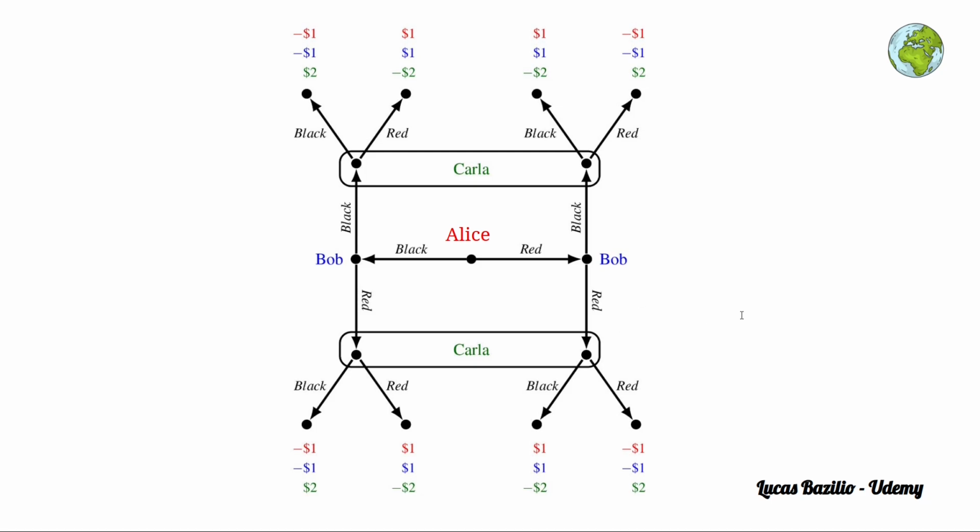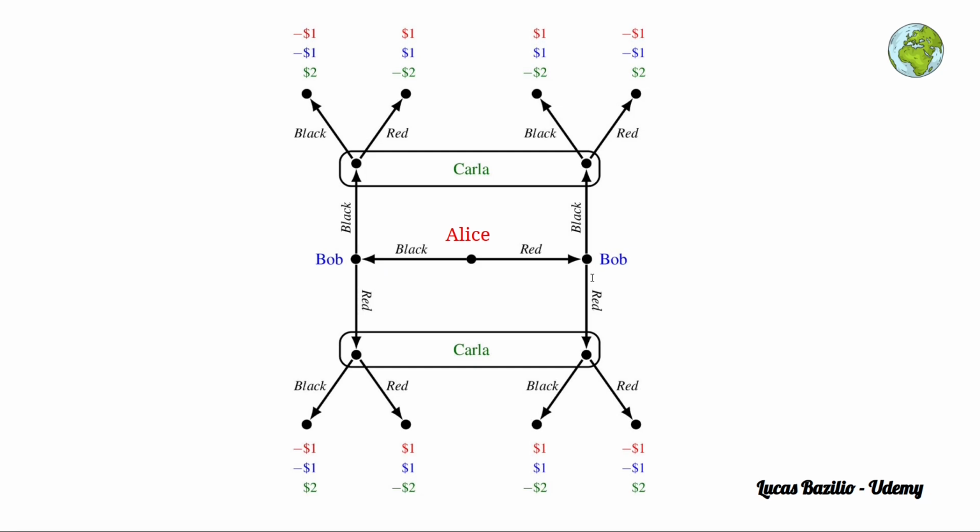In both situations, Carla knows something, namely what Bob tells her, but lacks information about something else, namely what Alice chose. Also pay attention, the fact that Bob knows the color of the card chosen by Alice is captured by giving Bob two information sets, each consisting of a single node.